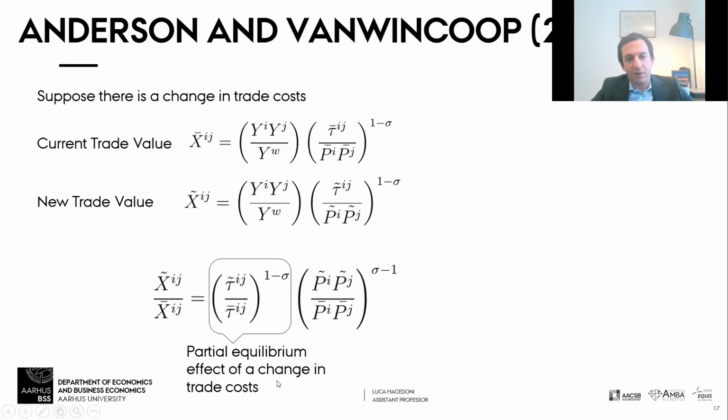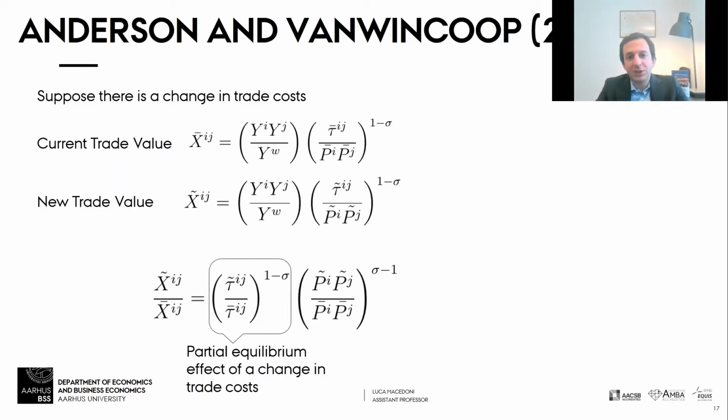Okay? If you like, we can call this a partial equilibrium effect. You know, the effect of, say, putting a border between the US and Canada, holding everything else constant. So this is perhaps very important to understand the partial equilibrium effect if you want to compare different trade costs.